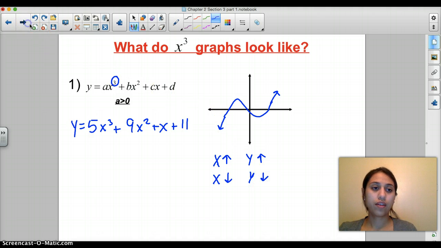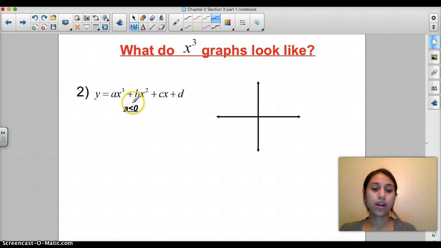Next, we have the case where a is less than 0, so negative numbers. If we had something like y is equal to negative 3x cubed plus 2x squared minus x plus 4, it's actually just going to flip, so the end behaviors will be opposite.